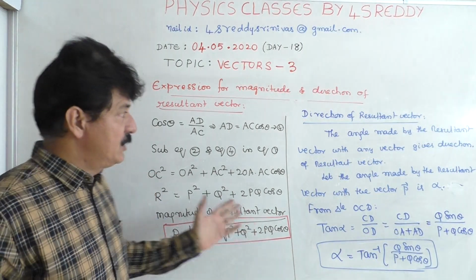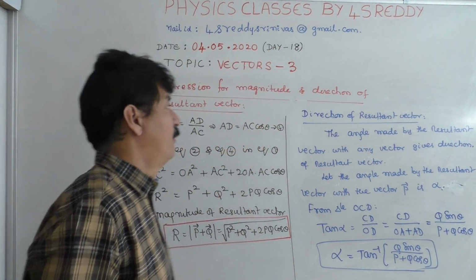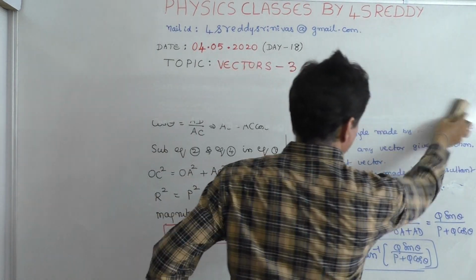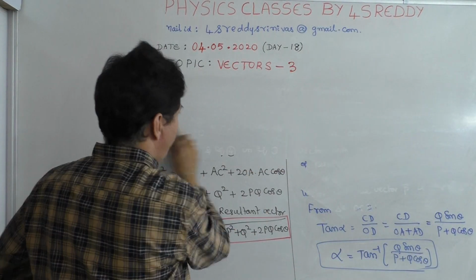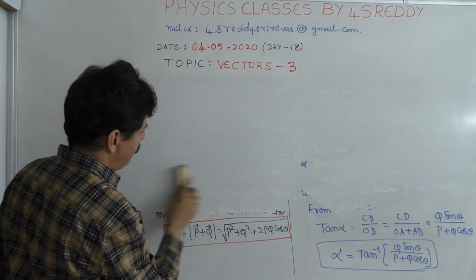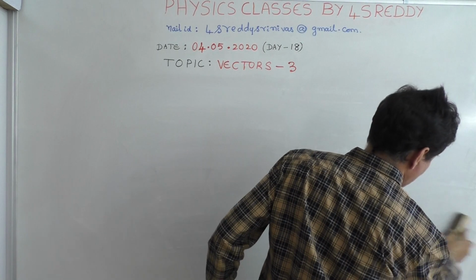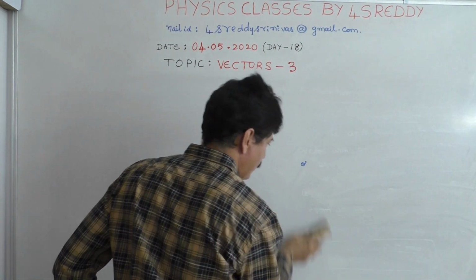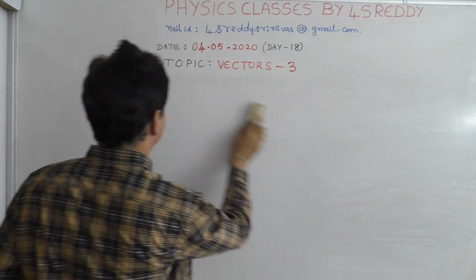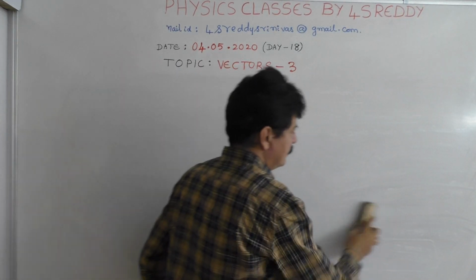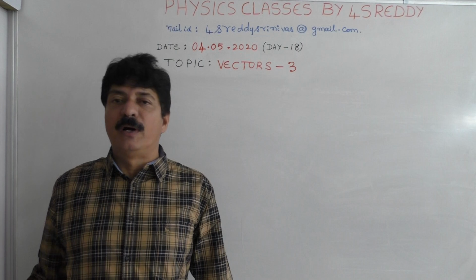And then, once you got the idea of this is the magnitude of the resultant vector and this is the direction of the resultant vector, once you got this one, you may be given some important points related to this.